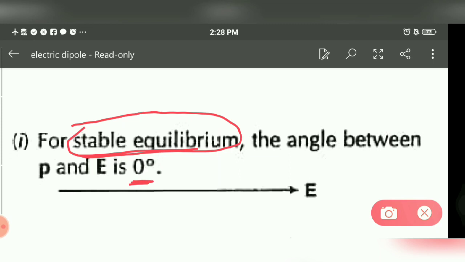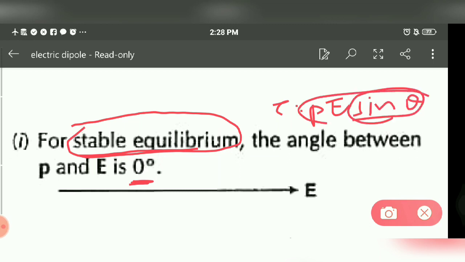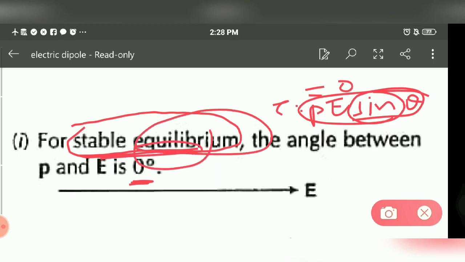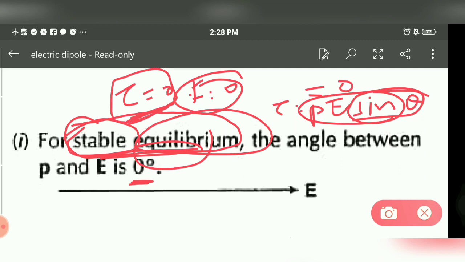As tau equals P E sin theta, if theta is 0 then this factor is 0, so the net torque is 0. When tau becomes 0, it is stable equilibrium. So it's stable equilibrium when theta equals 0.